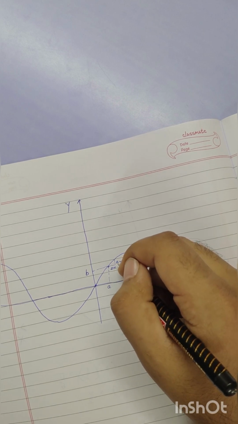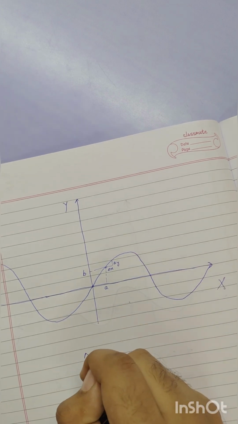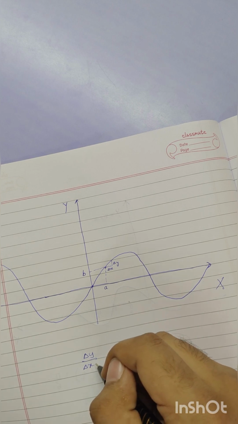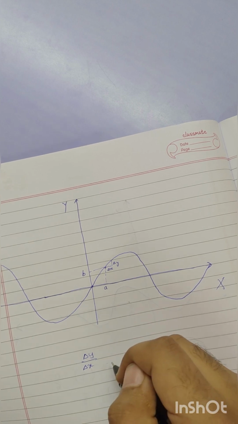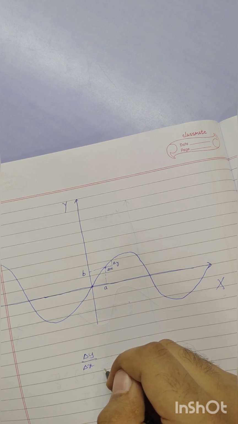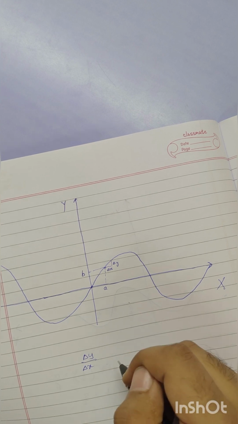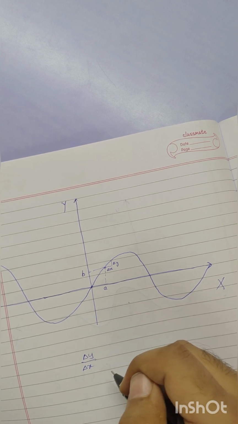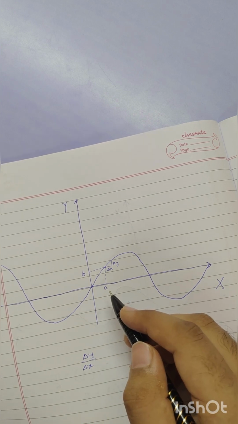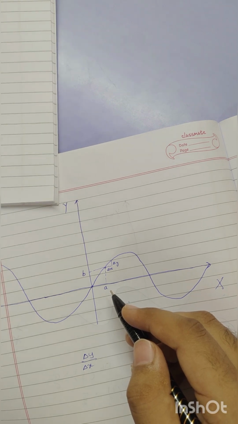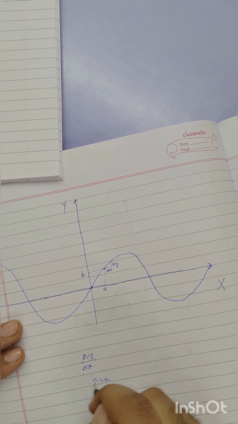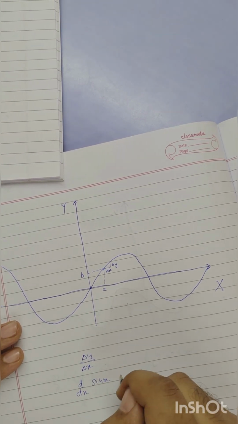Thus, the change in value of y upon the change in value of x, which I am denoting by delta y upon delta x, would be the approximate slope at A. If we decrease delta x to an extremely small amount, then delta y by delta x would be the exact slope of the curve at point A, which we also call the derivative of the curve at point A. Now we know that the derivative of sine x is cos x.